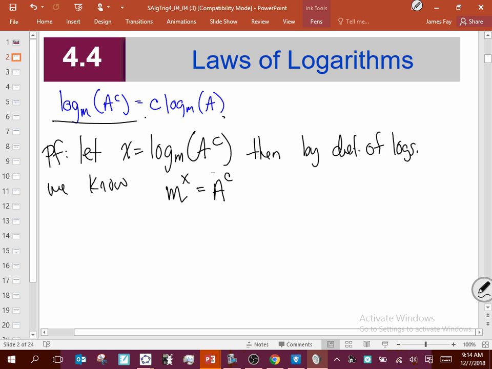You guys agree with that? Okay. And the definition of logarithm says log base a of x equals y if and only if a to the y is equal to x.